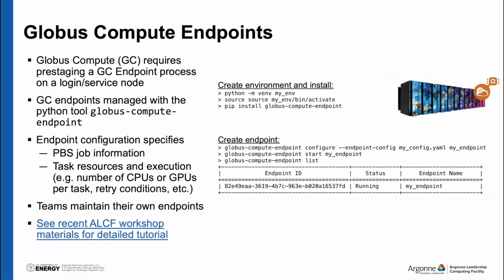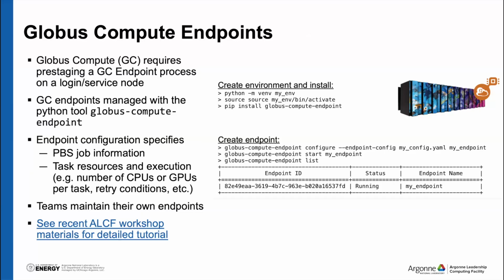So I was a little bit nebulous about what it takes to set up this process that lives inside the ALCF compute space that talks to Globus and receives work from the remote user. This is called a Globus Compute endpoint. And this is something that has to be pre-staged by the team on Polaris or Crux in order to enable this kind of workflow.